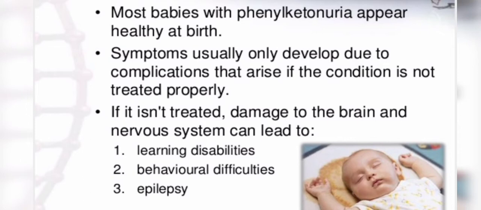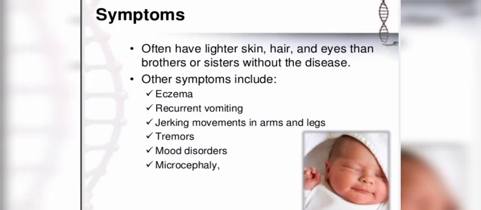But if it is left untreated, it can cause damage to the brain and nervous system, which can lead to learning disabilities, behavioral difficulties, and also epilepsy. Epilepsy is a disorder in the nerve cell activity in the brain causing seizures. These children have lighter skin, hair, and eyes when compared to their siblings.